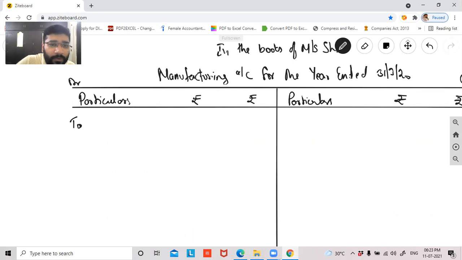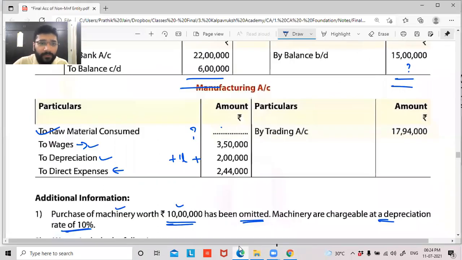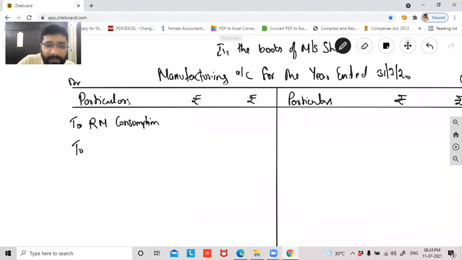So to raw material consumption. This we have to find out, so let's keep it pending. Wages, guys, to wages 350. Guys, is this correct or not correct? Yes, wages is totally 3,50,000 rupees.